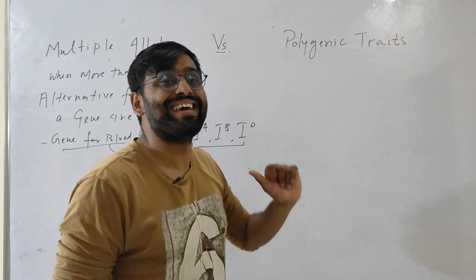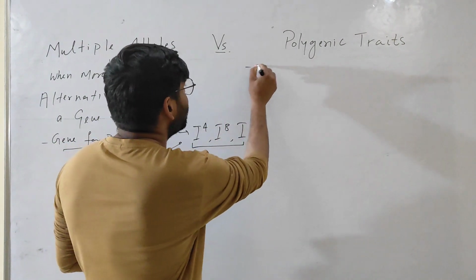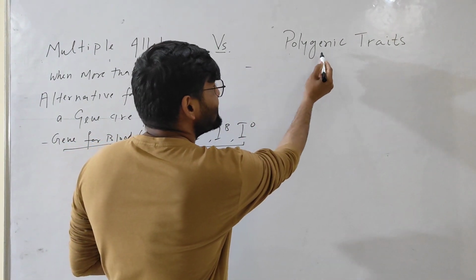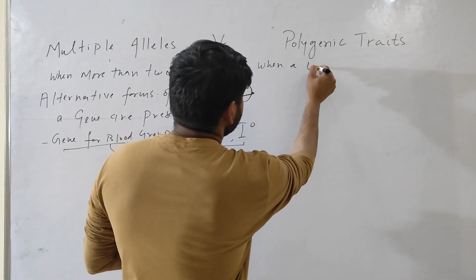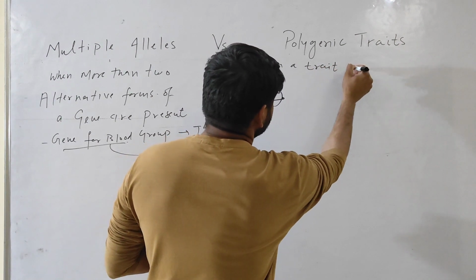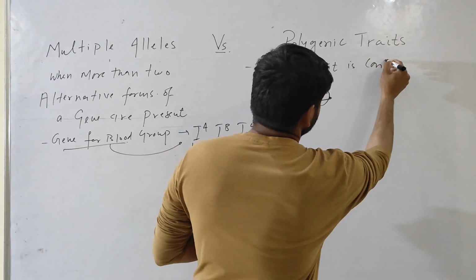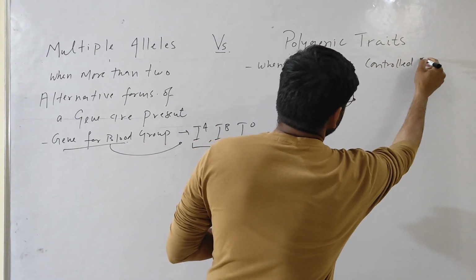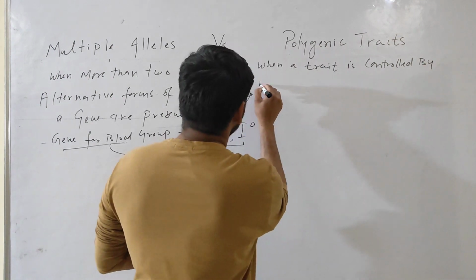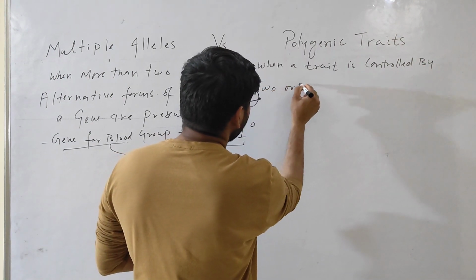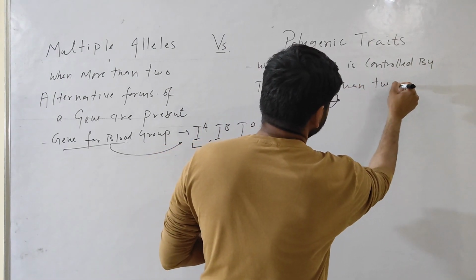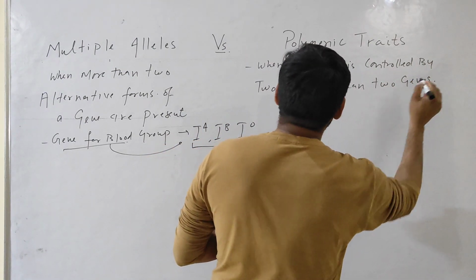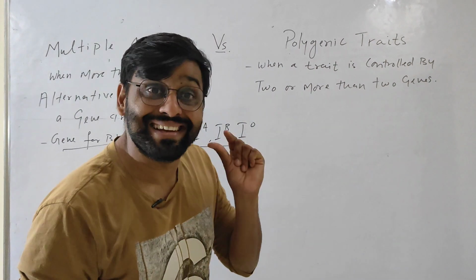Now coming to polygenic traits. Poly means many, genic means gene. So when a trait is controlled by two or more than two genes, then this trait is called polygenic trait.